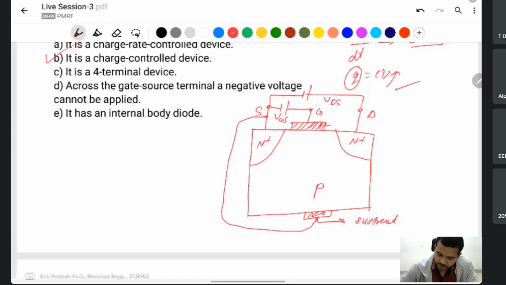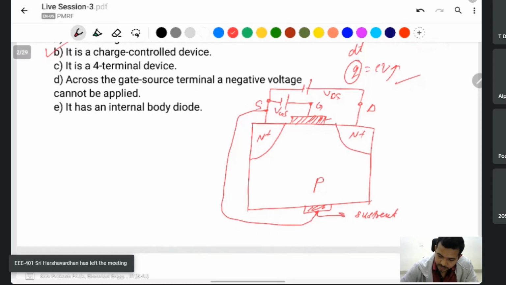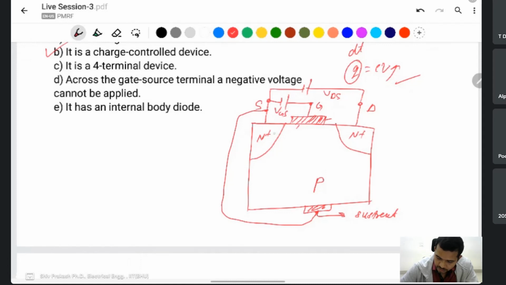For operation of the MOSFET, because of the voltage applied through the gate, VGS, the current flows like that. And here the holes are present. The gate voltage first neutralizes them, pushes the electrons here, and forms a layer. That is the inversion.